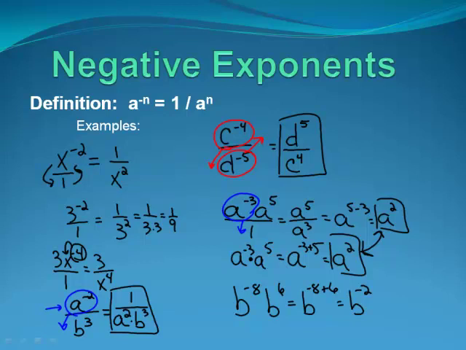Now the rule in math is you never leave your final answer with a negative exponent. So this is not considered good form. You have to take it that extra step. You need to pull that down into the denominator, take the reciprocal, to get a simplified answer with a positive exponent, and that would be your final answer for that problem.